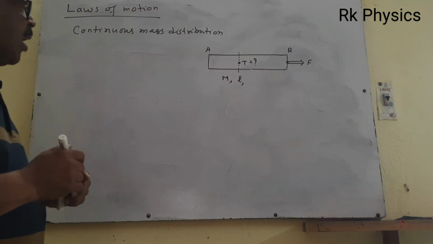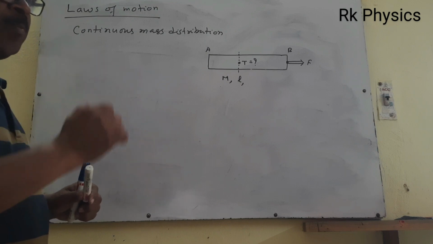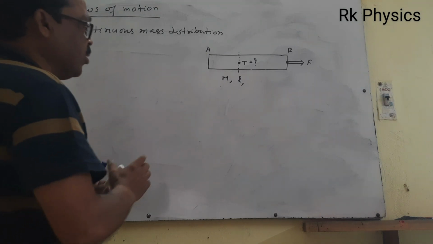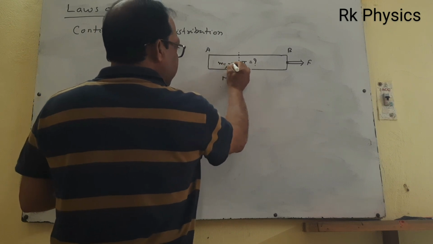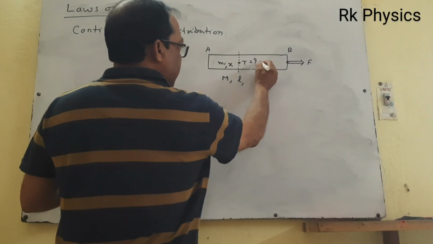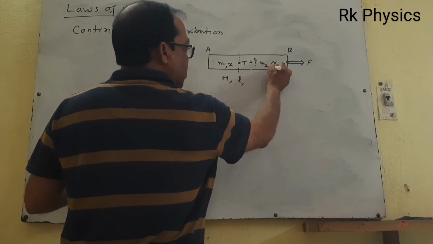That point, that section, divides the uniform rod into two pieces. One mass is m1 having length x, another mass m2 having the rest length L minus x.